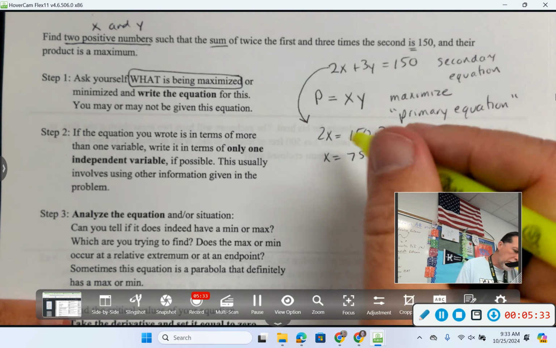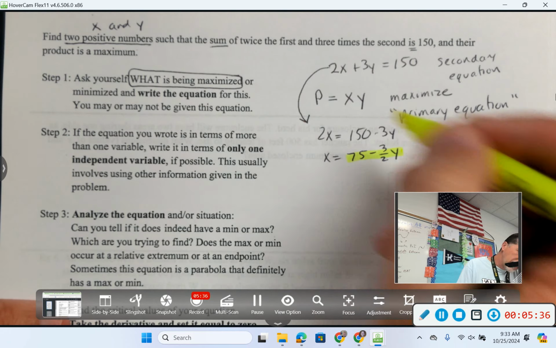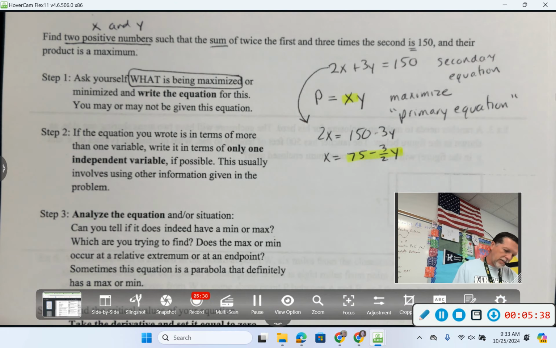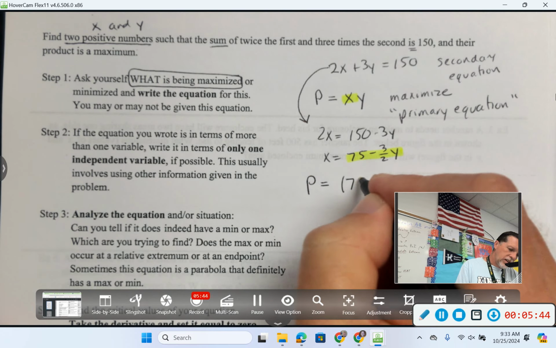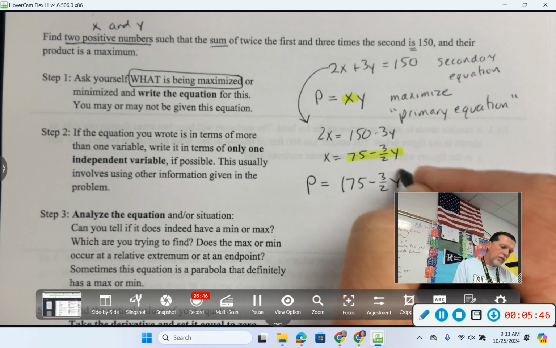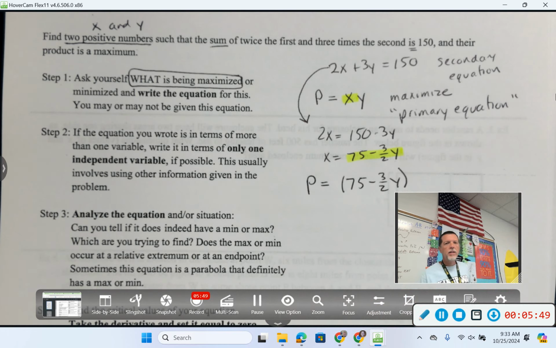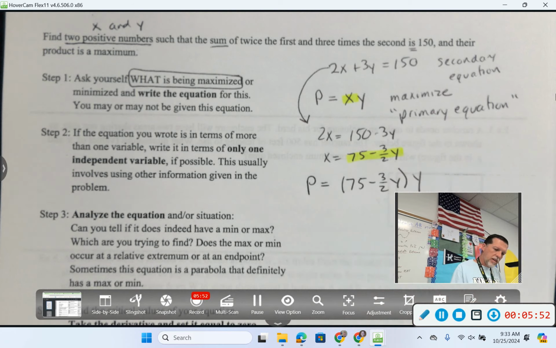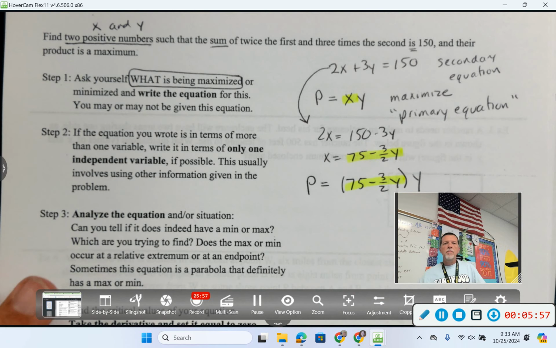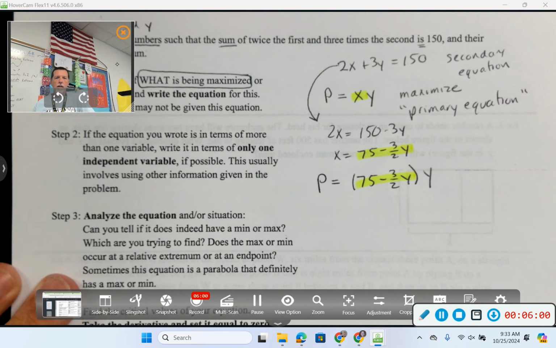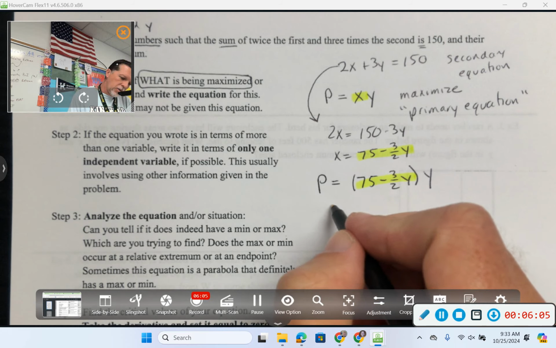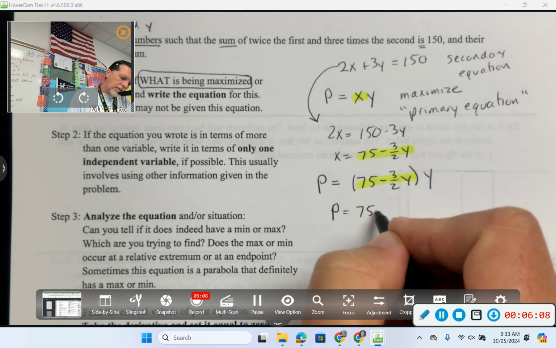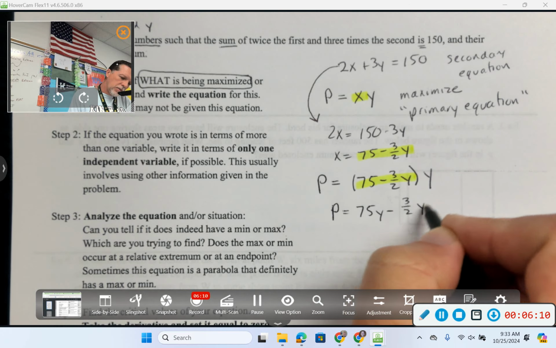Okay, so now we'll substitute that 75 minus 3 halves y in for x. So P equals 75 minus 3 halves y times y. Okay, let's go ahead and distribute. I think that would be a better way to go here. So product is 75y minus 3 halves y squared.